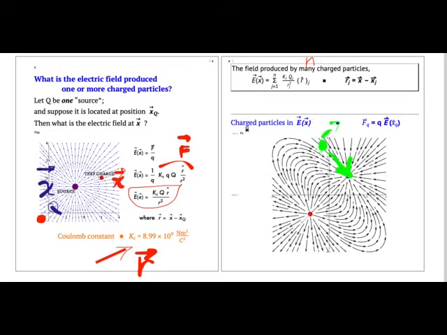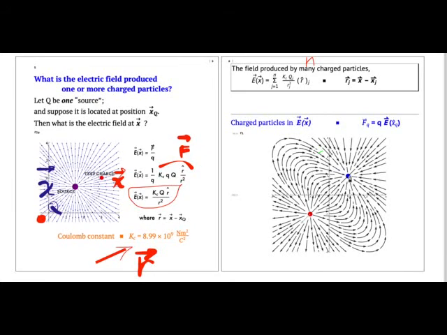Now there's a section in the book called charged particles in an electric field, E of x. Need this picture again, but let me draw it over again. So one of the sections in chapter 15 is called charged particles in an electric field.